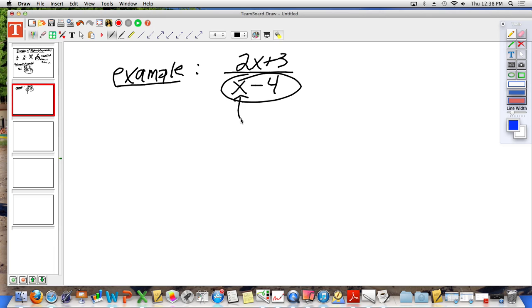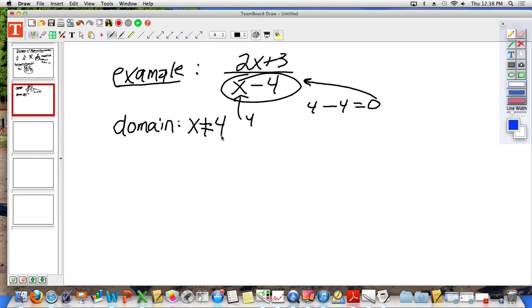4. If I put in a 4 there, I would have 4 minus 4 on the bottom, which would get me 0. Can I have 0 on the bottom? No. You cannot. So you're going to tell me that the domain of that rational expression is that x cannot be 4.